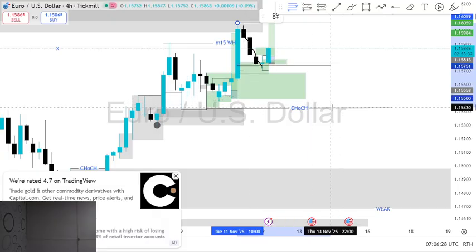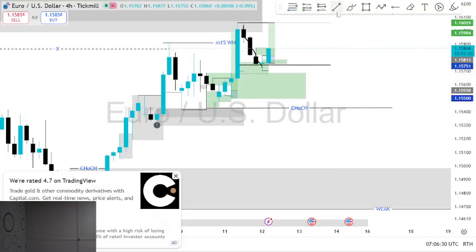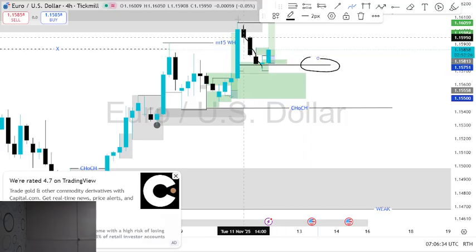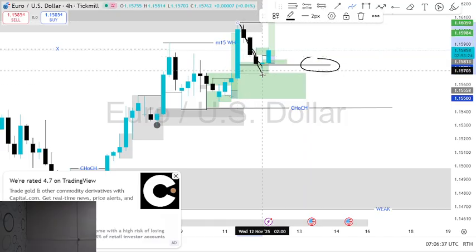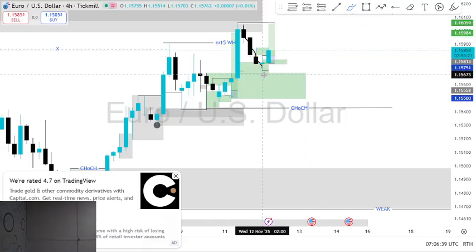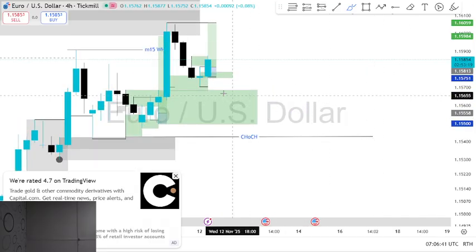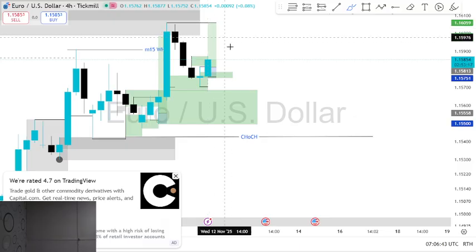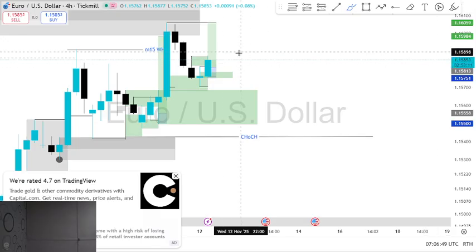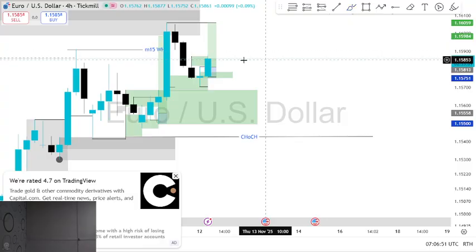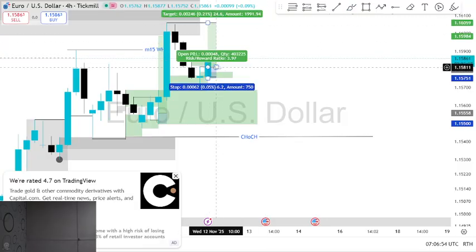When I extend my premium and discount pricing, you can see this one is EQ. Price moved past EQ, right? This is one 4-hour candle, so we have about 2 hours 53 minutes for this candle to close. This candle can continue to push higher.